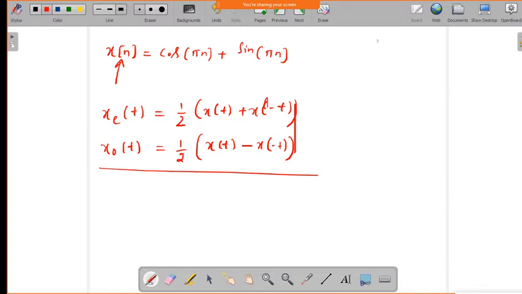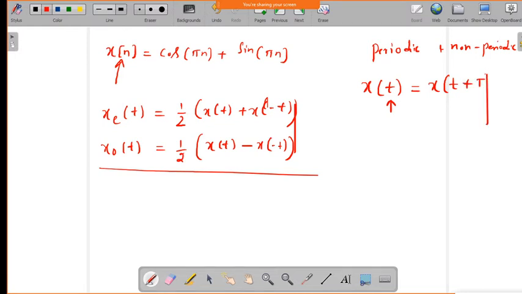Now if you take periodic and non-periodic signals: if in x of t you replace t by t plus T, and you get the same signal x of t back, then this x of t is called a periodic signal.